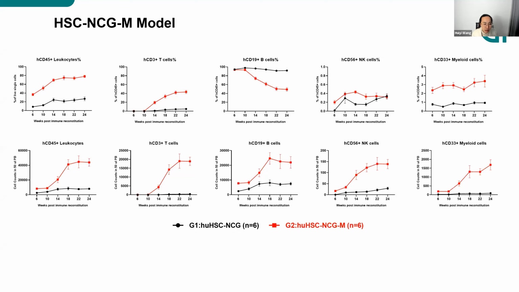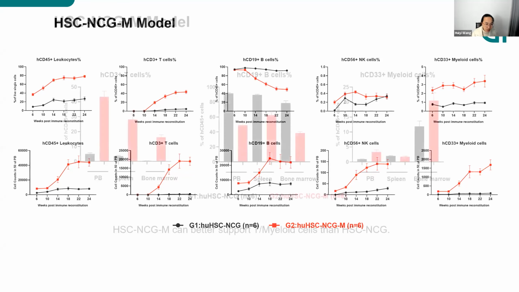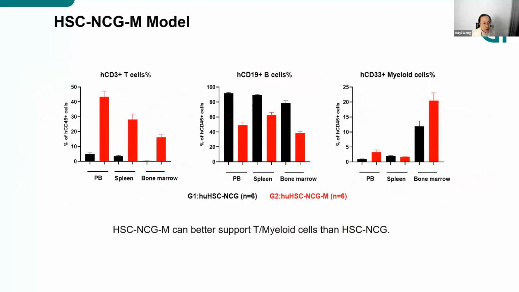All of these immune cells are boosted in the NCGM mouse model. At the end point, we collected the peripheral blood, spleen, and bone marrow, and we found the same results: human CD3 positive T cells and CD33 positive myeloid cells are boosted and much higher compared to the HSC NCG mice.